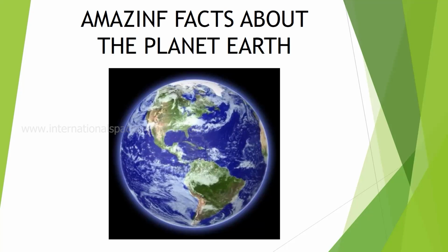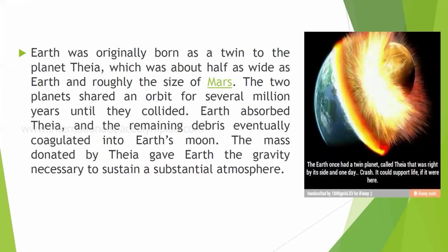Now, there are some amazing facts about the planet. Let's have a look at it. Earth was originally born as a twin to the planet Theia. You may have heard this collision theory of how our moon was formed. Theia was about half as wide as Earth and roughly the size of Mars. The two planets shared an orbit for several million years until they collided.